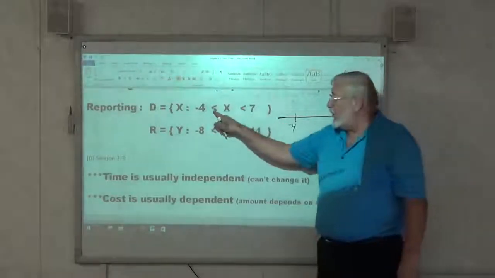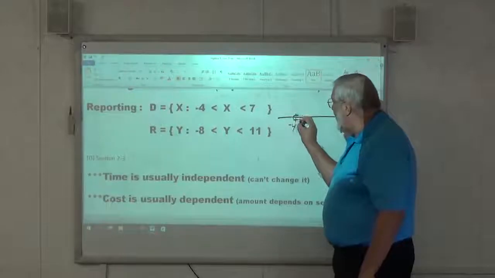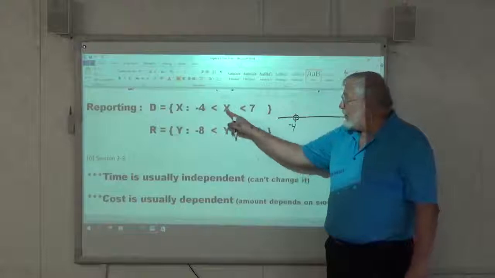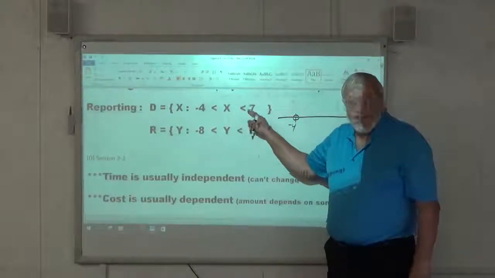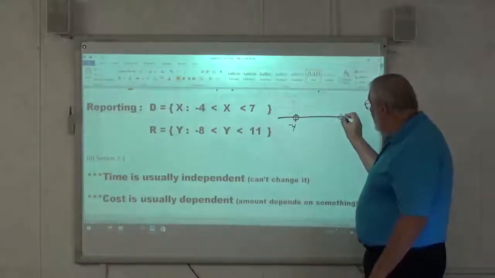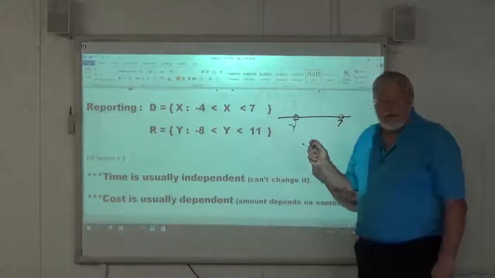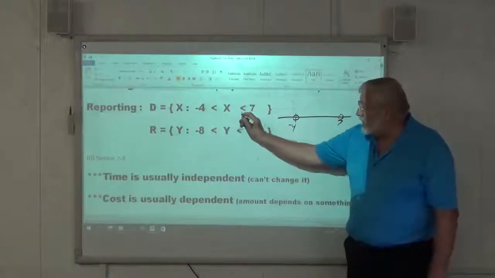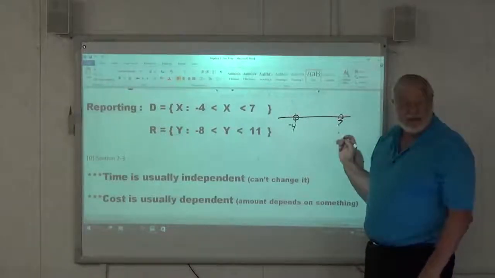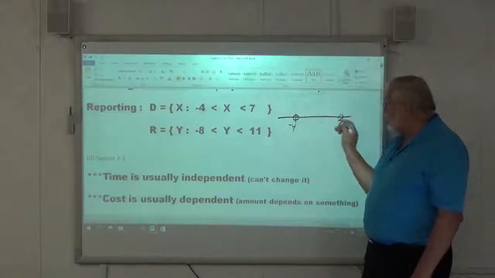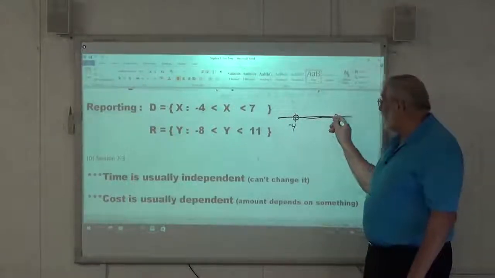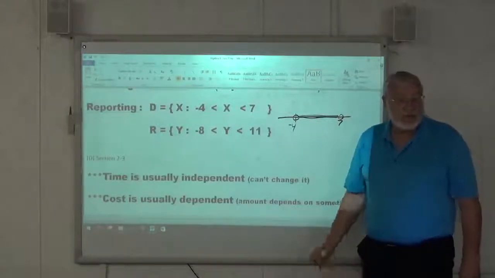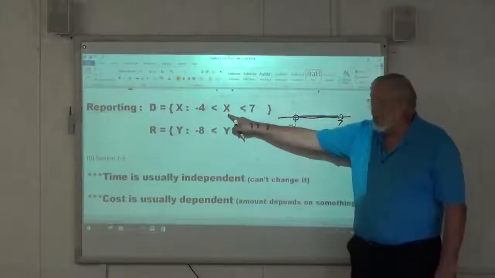And because there's no equal sign, I'm going to put a circle on there. Then this part says x is less than 7. That means I'm going to go over here to wherever 7 is, and it's going to be an open circle because there's no equal sign here. Had there been a line underneath it, I'd color this in. And then if it's greater than this and less than this, then it's in between. So I'm going to just make that darker. And so this becomes the graph of the domain.